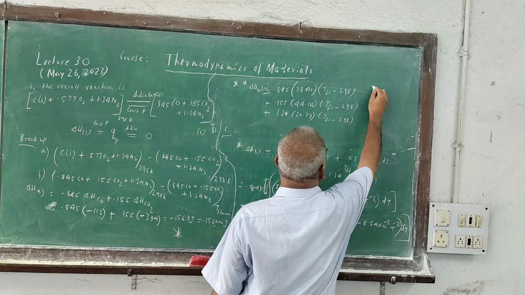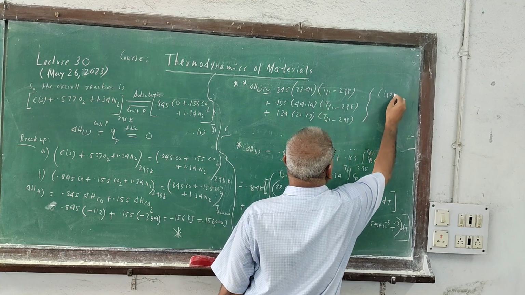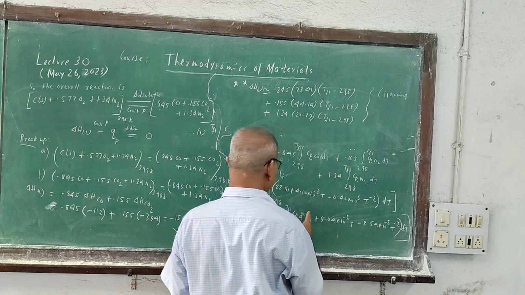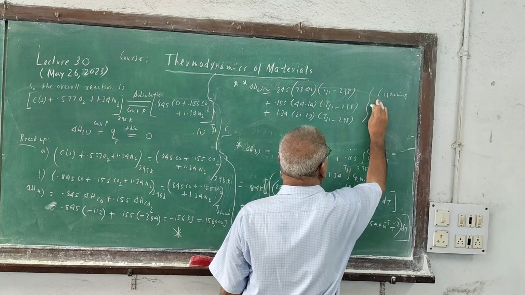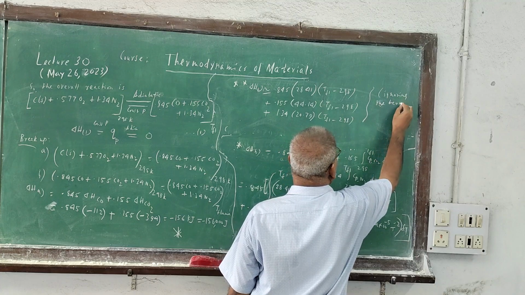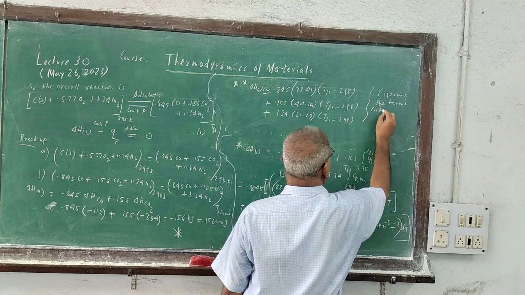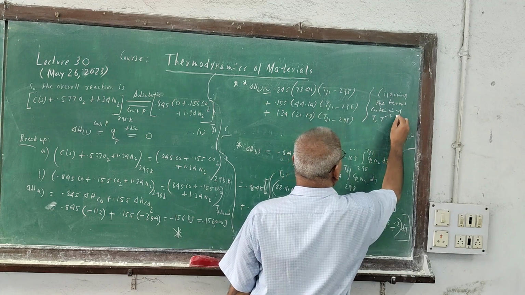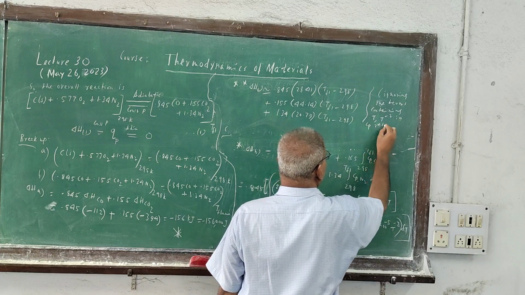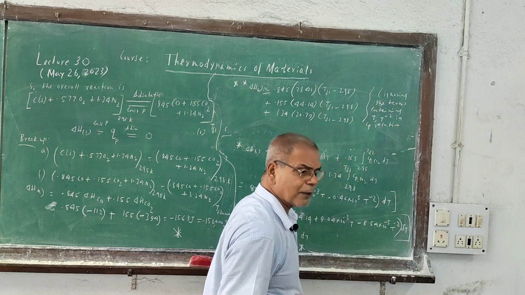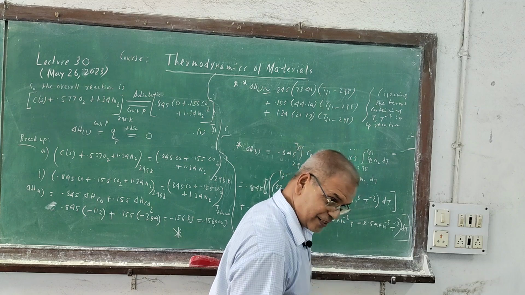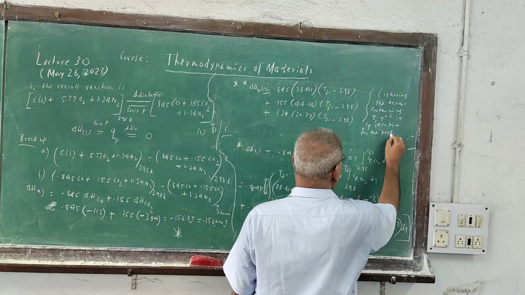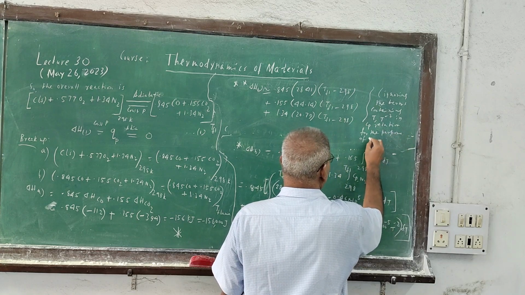Right here, ignoring the terms containing T to the power minus something in the CP relation. For the purpose of approximate result, we are getting an approximate result.